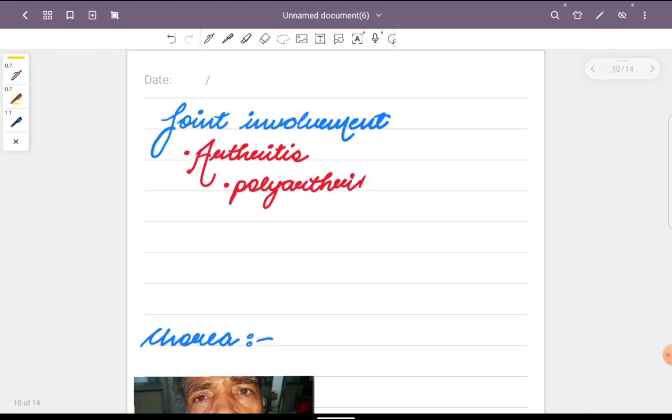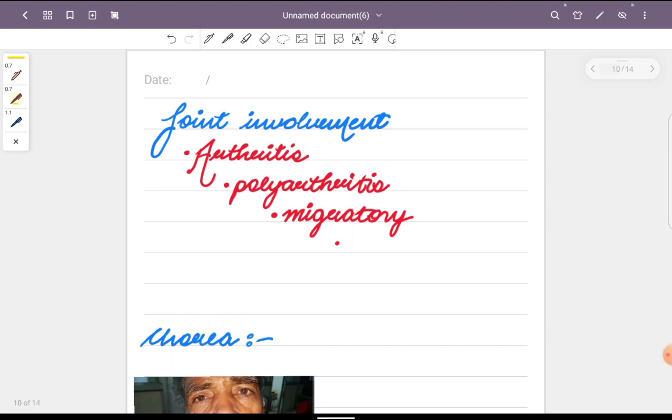Third important point is that this polyarthritis will always be migratory, it jumps from one joint to another joint. So this is a migratory polyarthritis, which is mostly seen in USA. In India, you can see monoarthritis or polyarthralgia also.